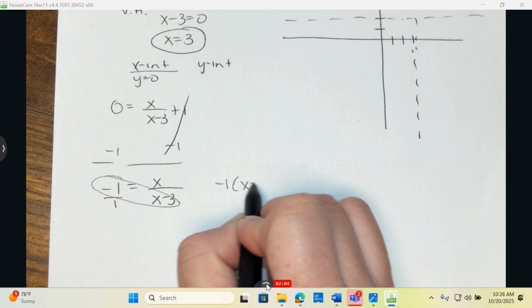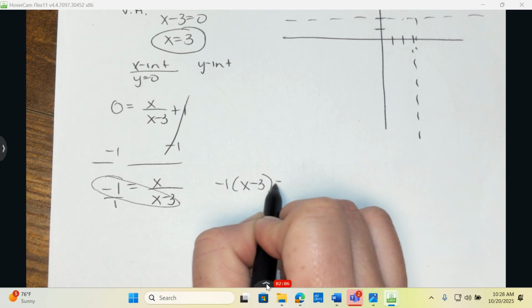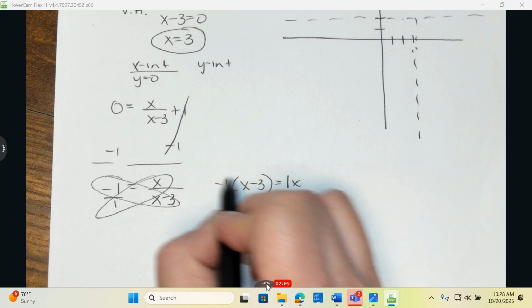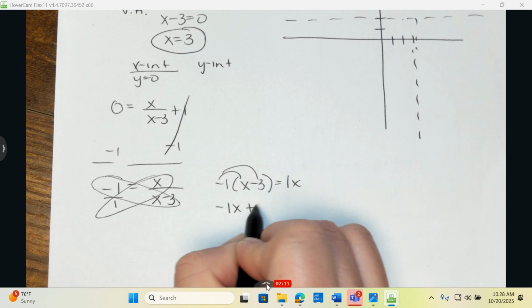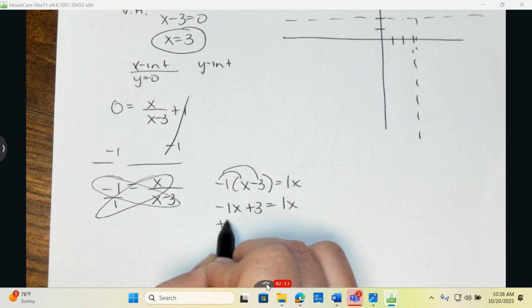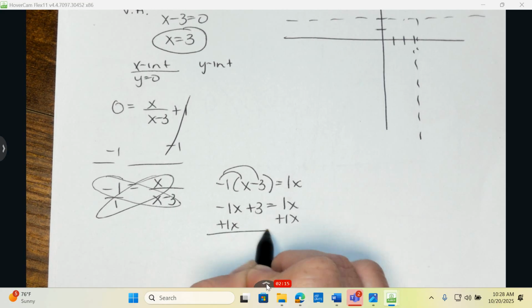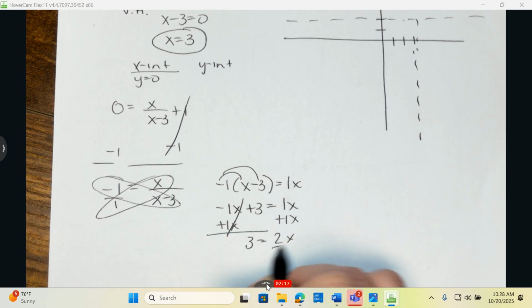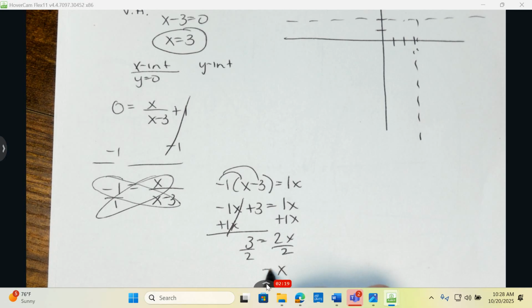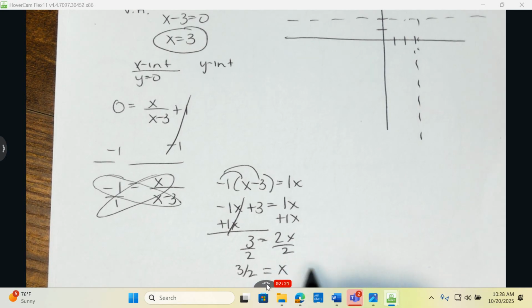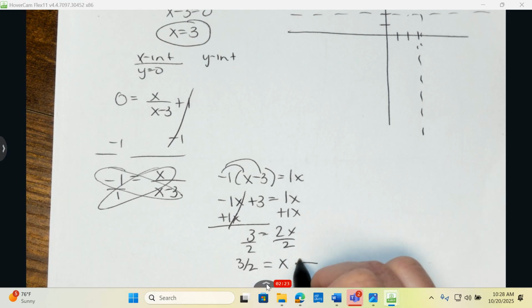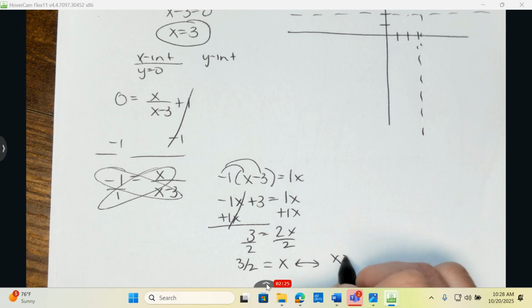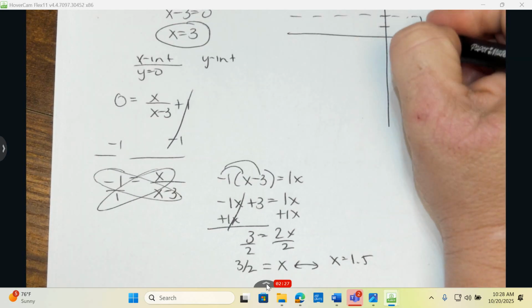So negative 1 times the quantity x minus 3, and then 1 times x. So x equals 3/2. If you're somebody that prefers to work with decimals, equivalent is x equals 1.5.